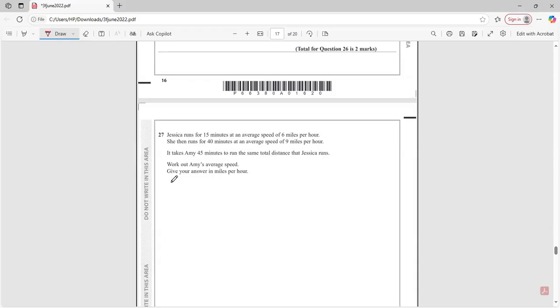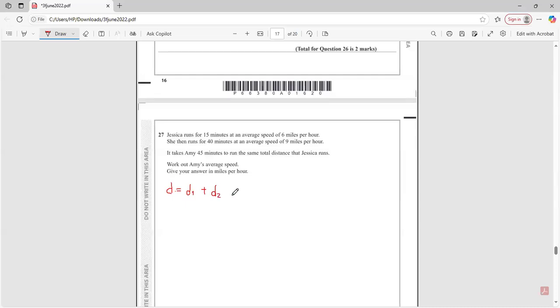So our first job is to find out what's the total distance that Jessica runs. So let's say that that is D, right? So total D will be equal to D1 plus D2.